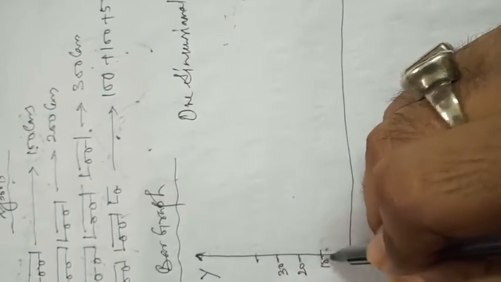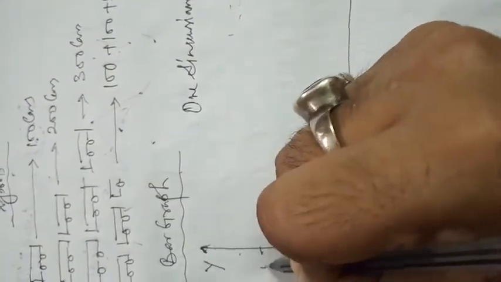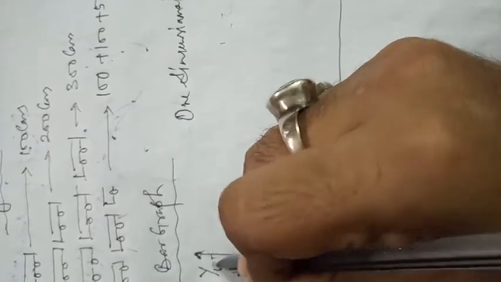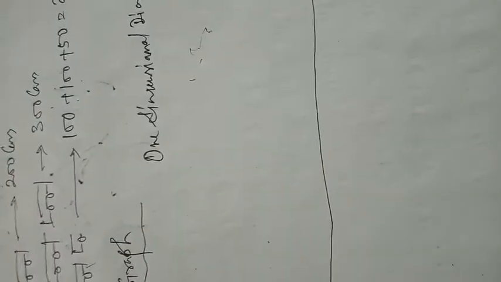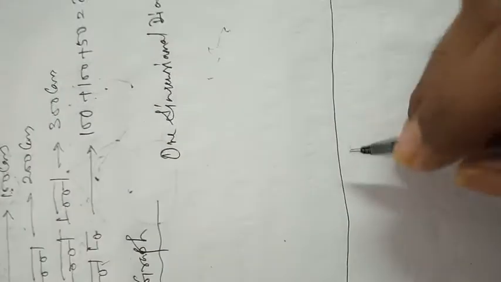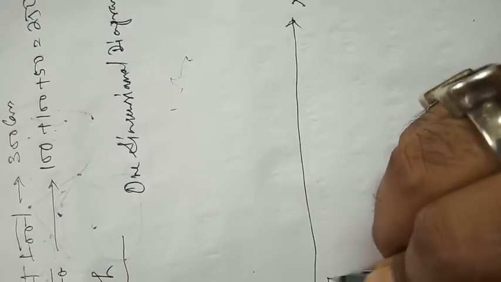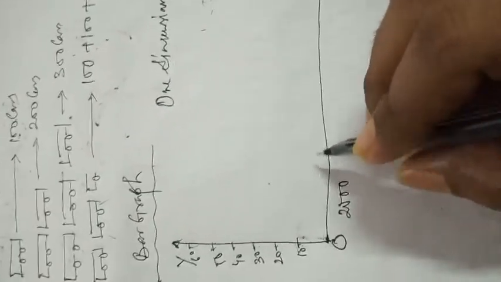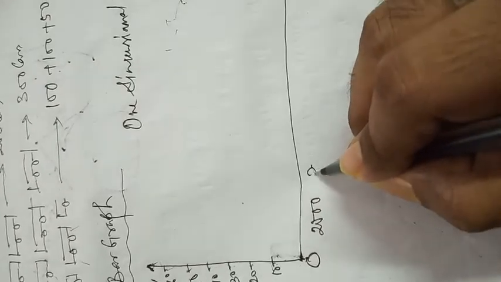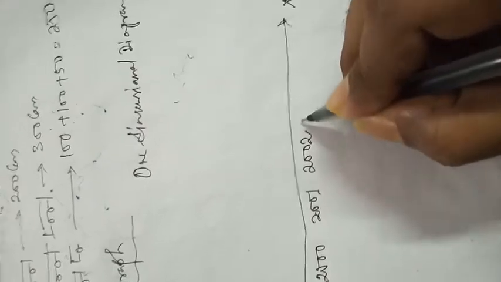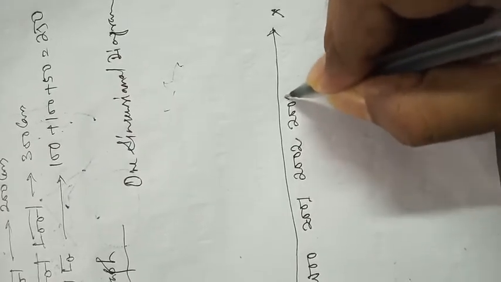10, 20, 30, 40, 50 and 60. And here we take suppose the years 2000, 2001, 2002, 2003.